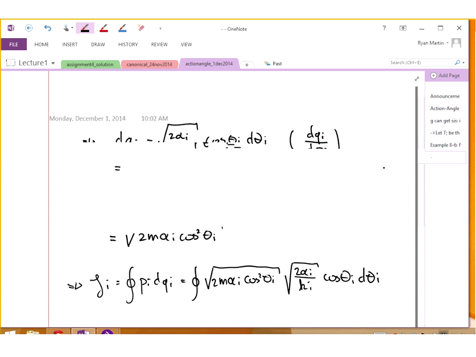Now the integral over 1 period is from 0 to 2π, since I'm now using an angle, cos squared theta d theta. Oops.